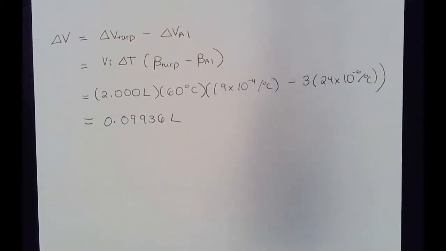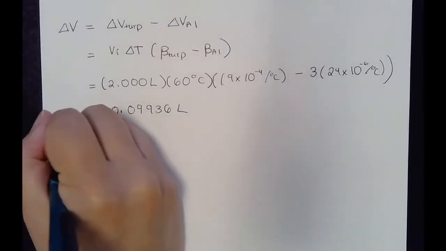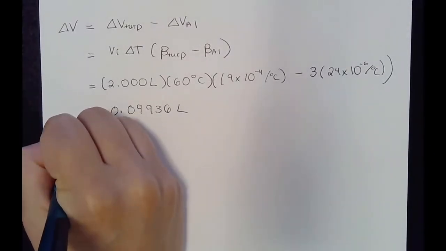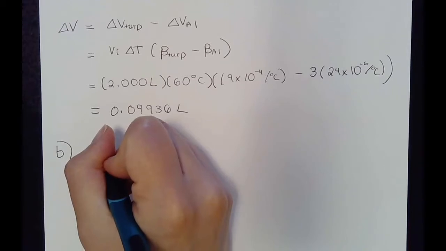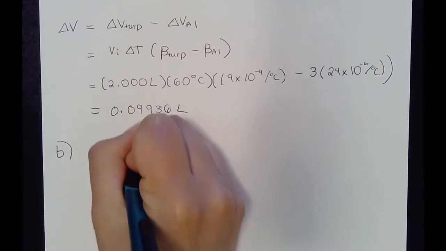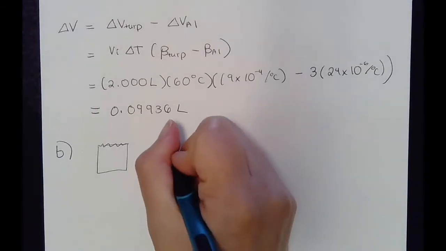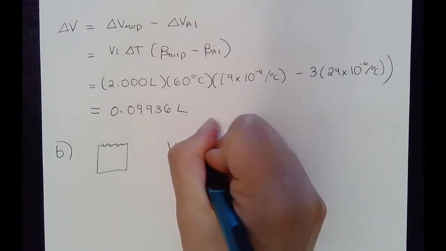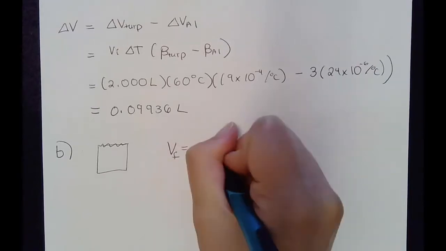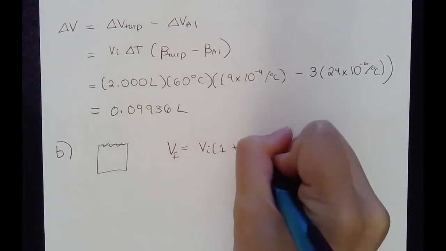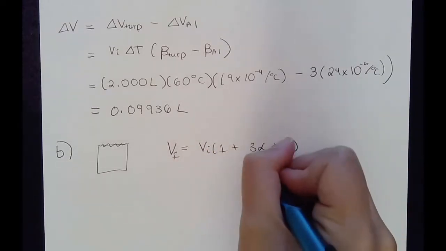Then part B is asking us what is the final volume at 80 degrees, and what we know is that it will completely fill this cylinder. So it will have the same volume as the cylinder at that time. So we'll have final volume VF equals VI times 1 plus 3 alpha delta T for the aluminum.